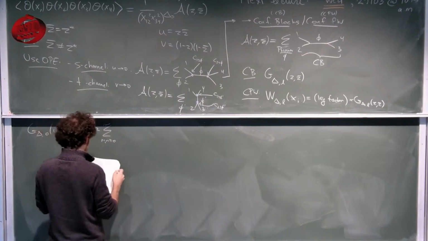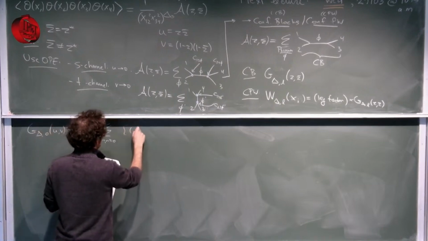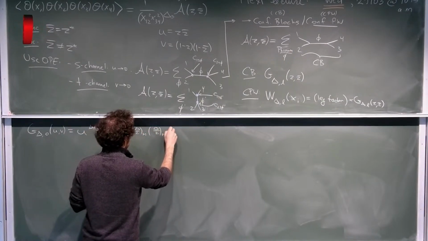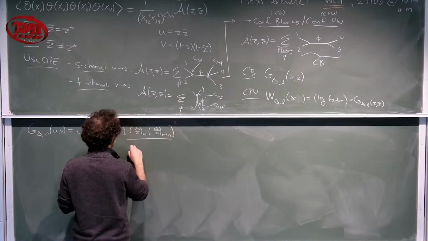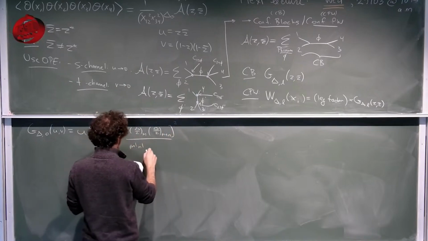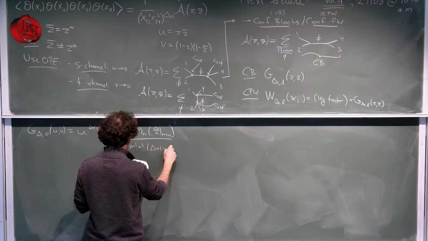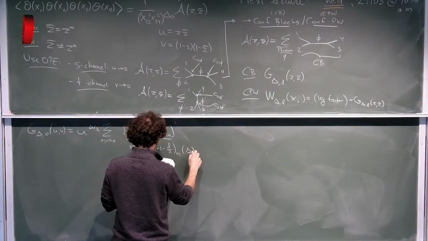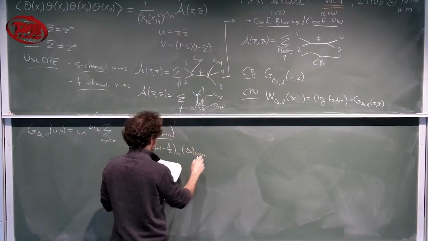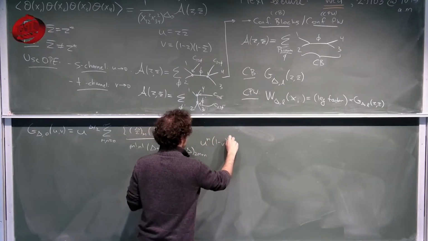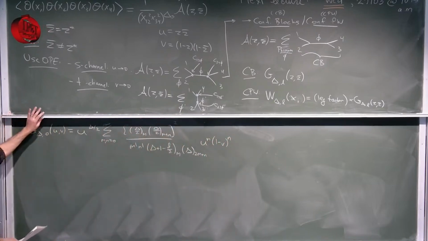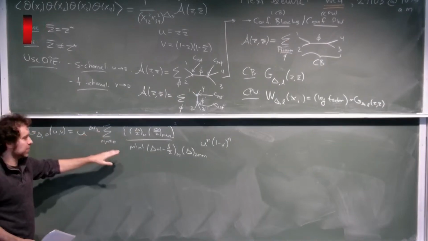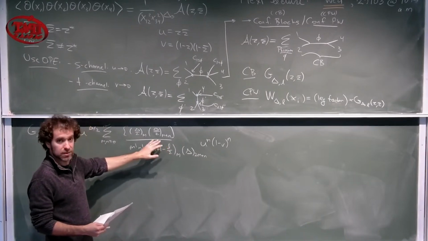Double sum. Okay. So it's an infinite double sum over m and n involving Pochhammers and the spacetime dimension d appearing only here. A nice expression.